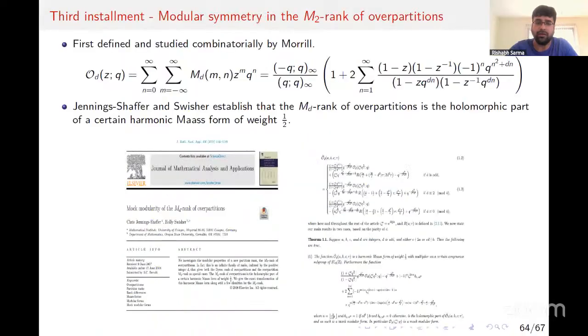A third installment in this symmetry phenomenon is in the works, which is on the modular symmetry of the M2 rank of over partitions.